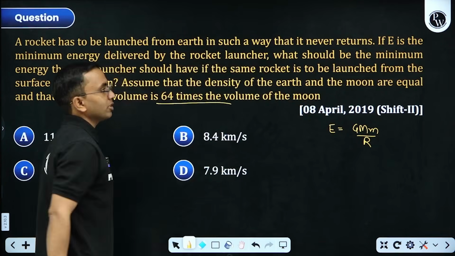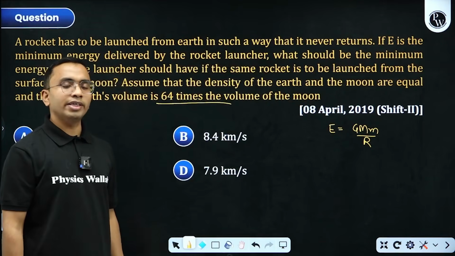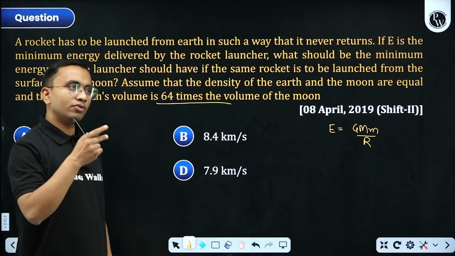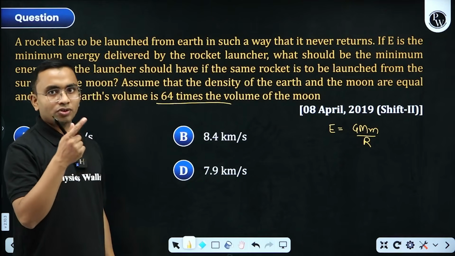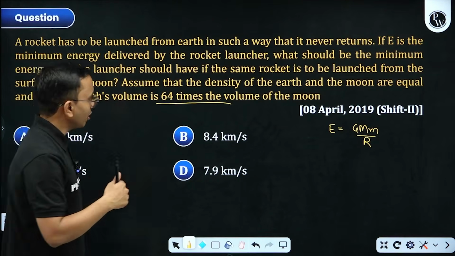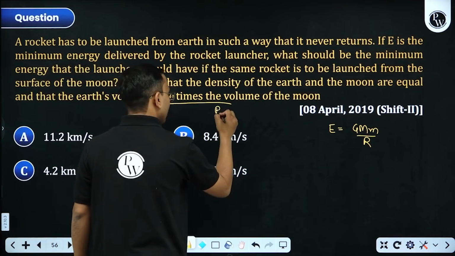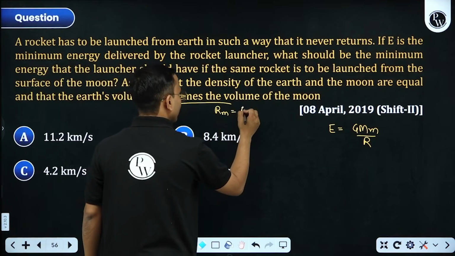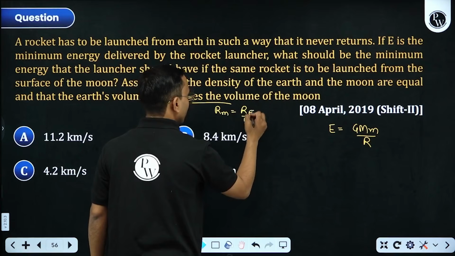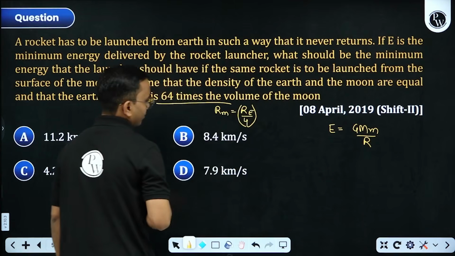If Earth's volume is 64 times, then Earth's radius is 4 into 4 into 4, so Earth's radius will be 4 times of the moon. It means radius of moon is equal to radius of Earth by 4, and density is the same.